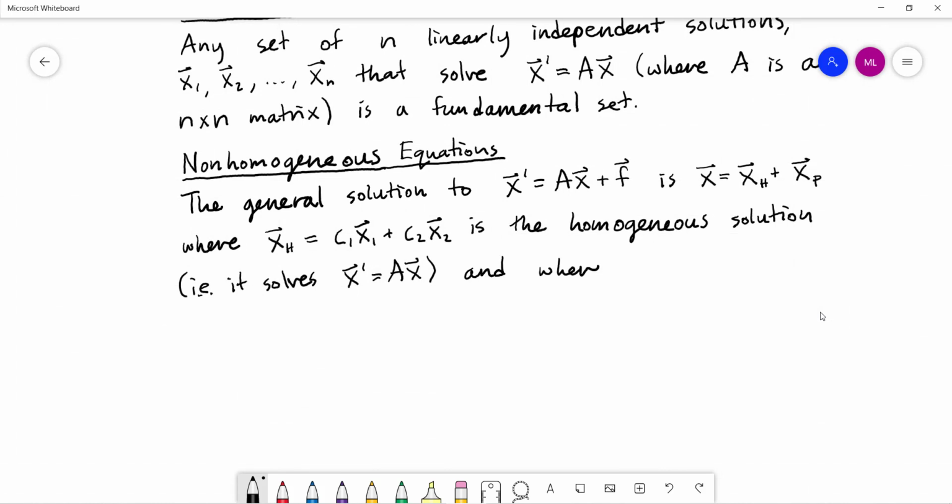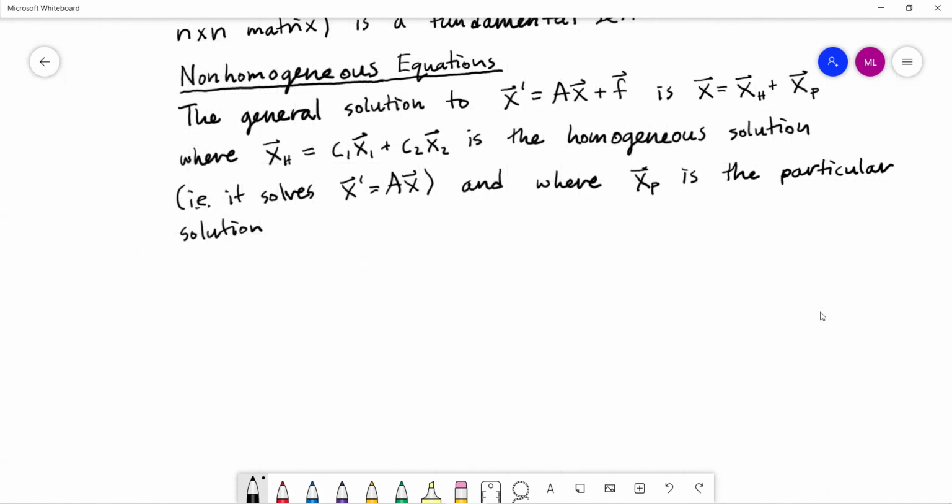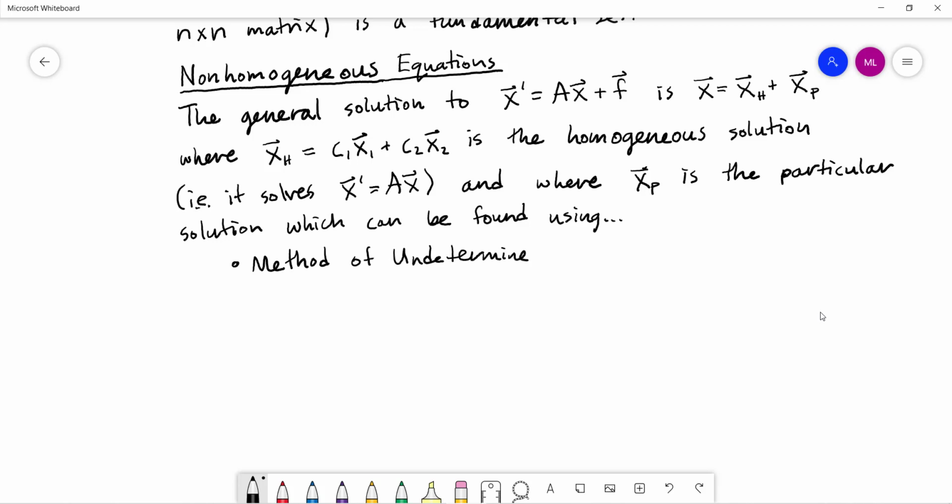And x particular, the particular solution, can typically be found using either the method of undetermined coefficients or variation of parameters.